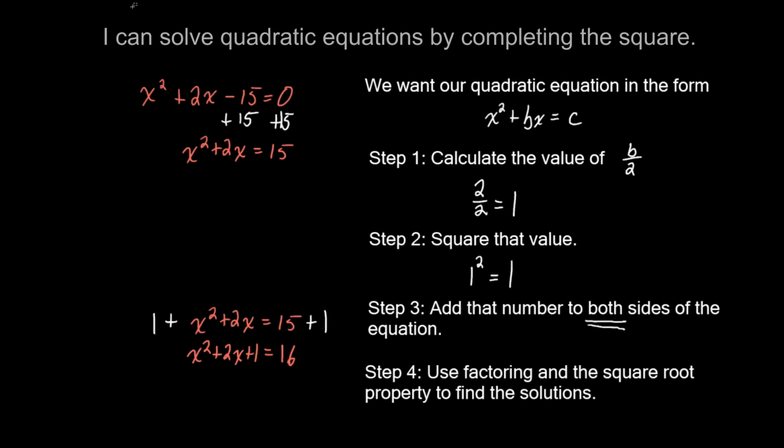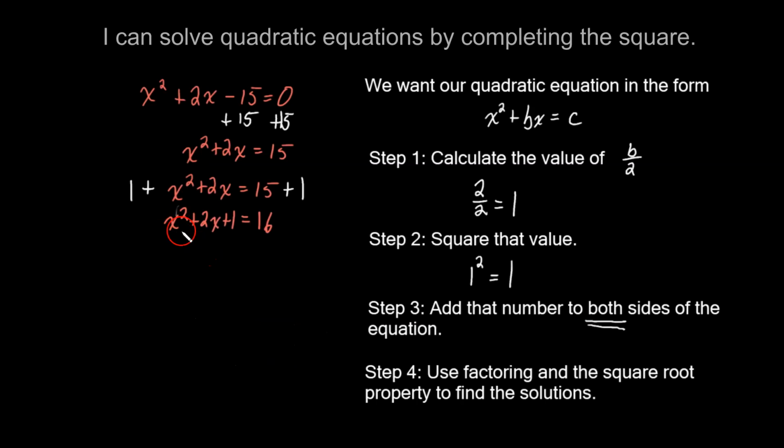And now we're ready for the fourth step, which is to use factoring and the square root property to find the solutions. We can see that this is a perfect square trinomial. Both the first and last terms are perfect squares, and when the product of those two square roots is doubled, that equals the middle term. So this is a perfect square trinomial, equal to x plus 1, that whole quantity squared, equals 16.